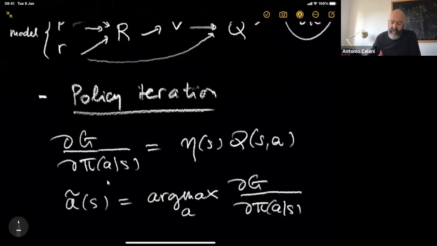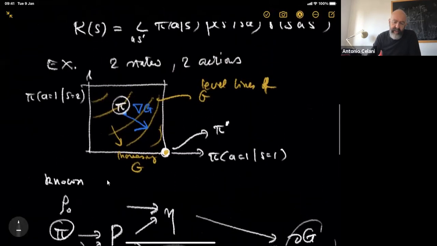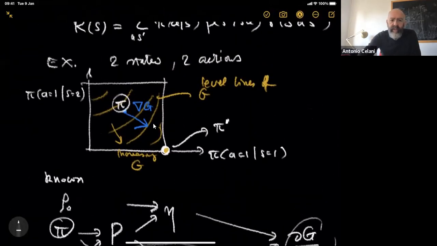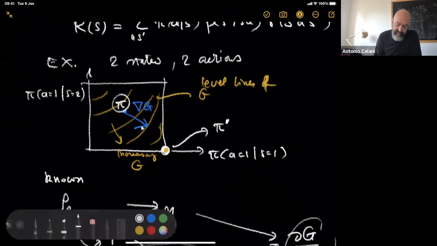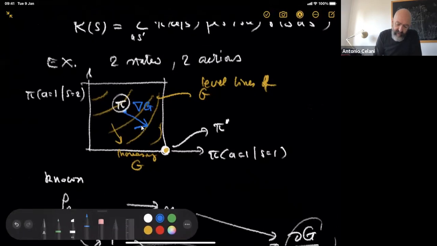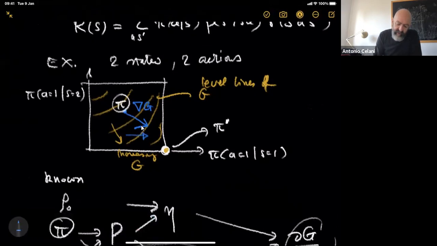So let's go back to our sketch here. You have components for each direction. You have your component in this direction of the gradient, you have your component in this direction. And then for each of those, you pick the action which gives you the best. So in this case, for instance, this gradient is telling you, you should move to the right and you should move down.